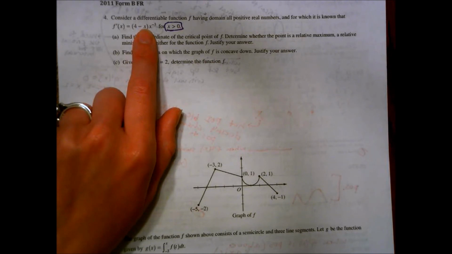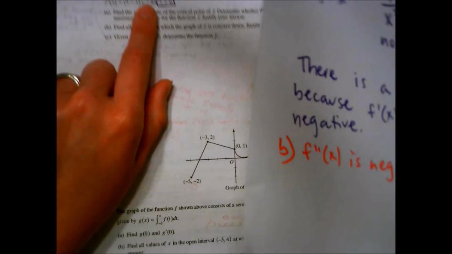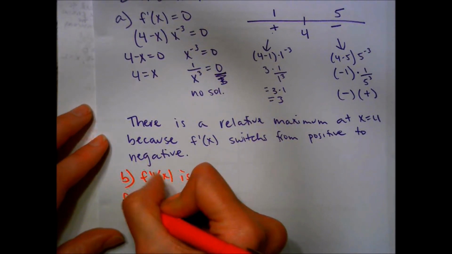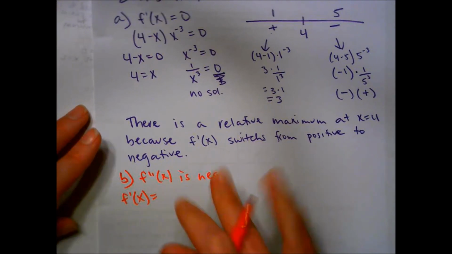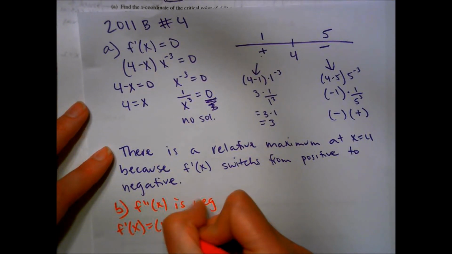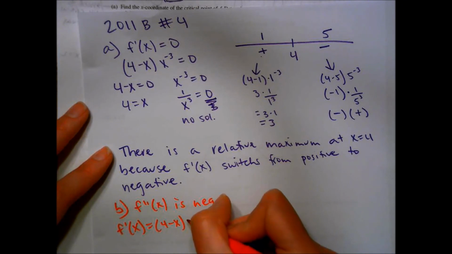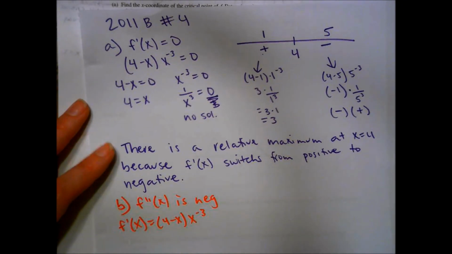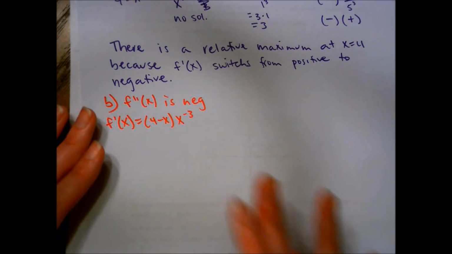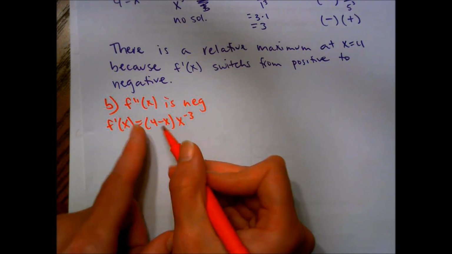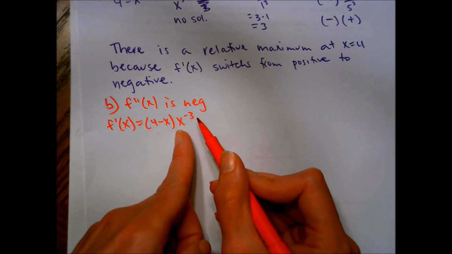So we have to get f double prime. We have to take the derivative of our f prime, so we're going to have to use product rule. I'm going to go ahead and write down my f prime since I'm on a different sheet of paper. You don't have to write this down on your free response, grading wise. Now I'm going to use product rule, so 4 minus x is my first, x to the negative 3 is my second.